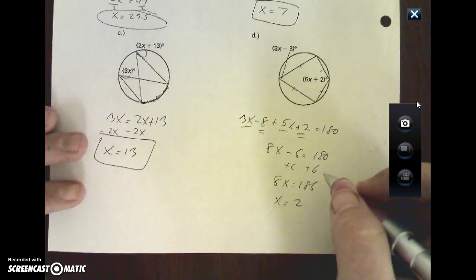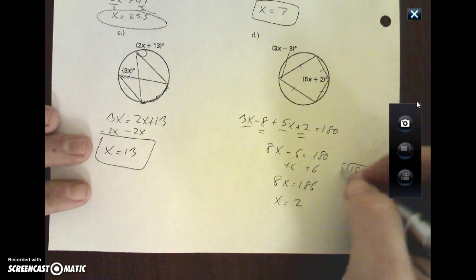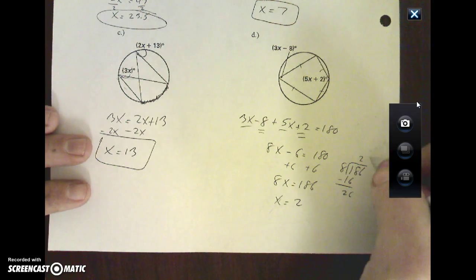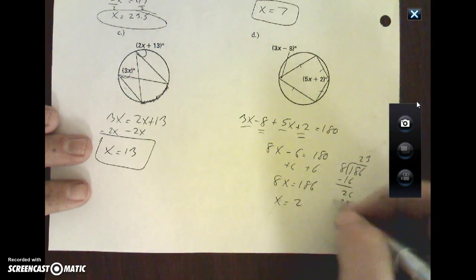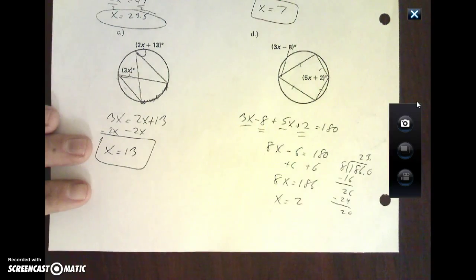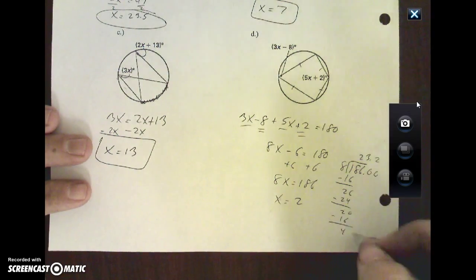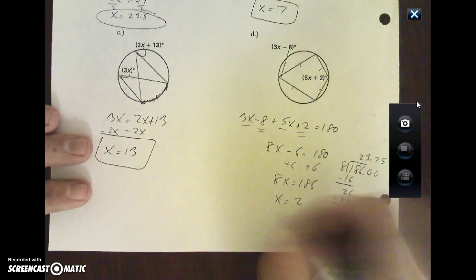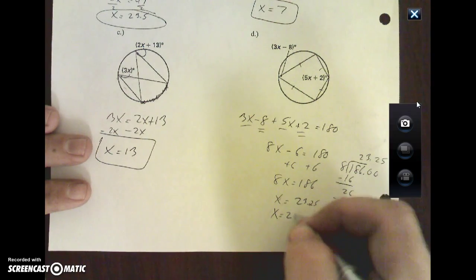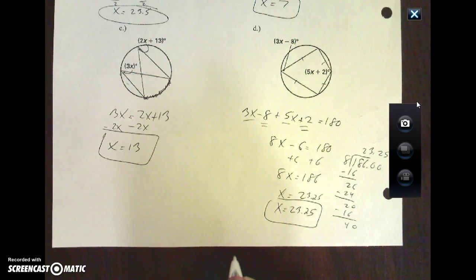And then 186 divided by 8. 8 goes into 18 2 times, 8 goes in there 3 times, 8 goes in there 5 times. So 23.25. A little bit of long division there.